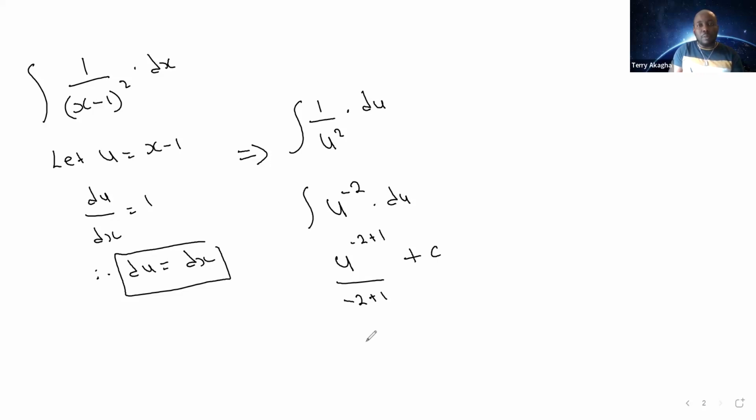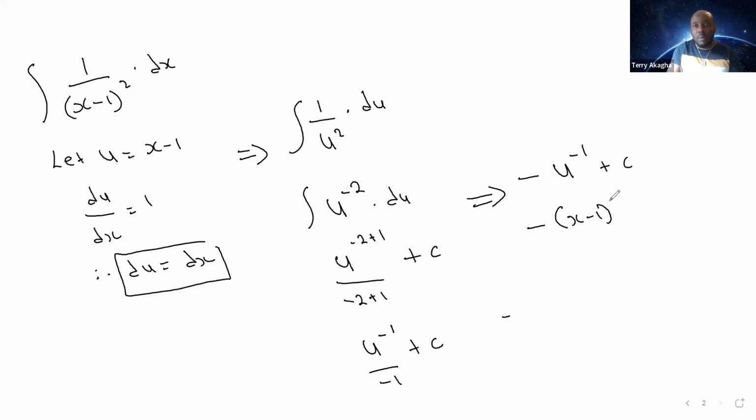Then this is going to give you u to the minus 1 divided by minus 1 plus c. And that will give you minus u to the minus 1 plus c. And our u is x minus 1, so that gives you minus 1 over x minus 1 plus c.